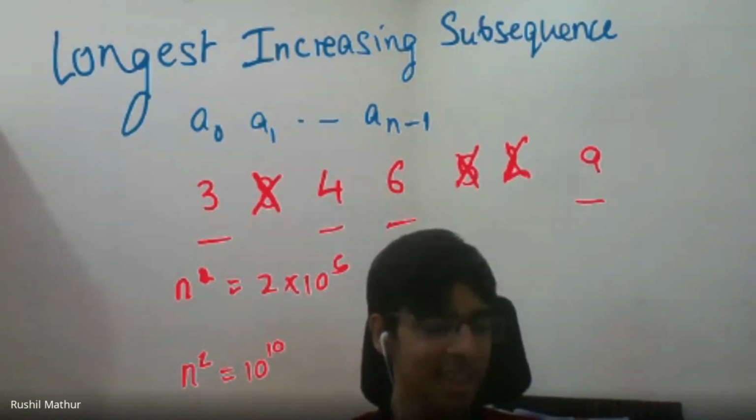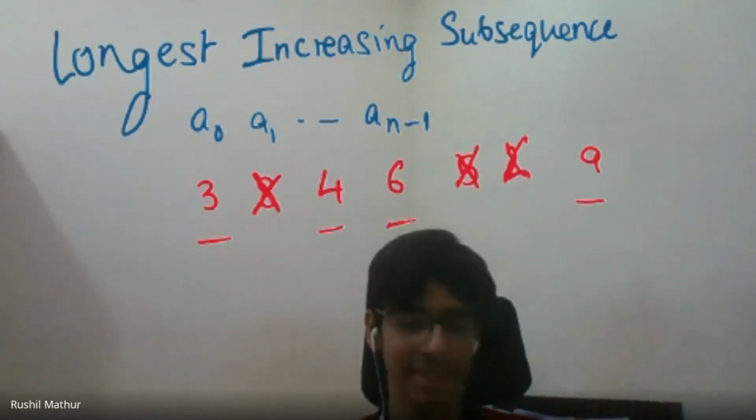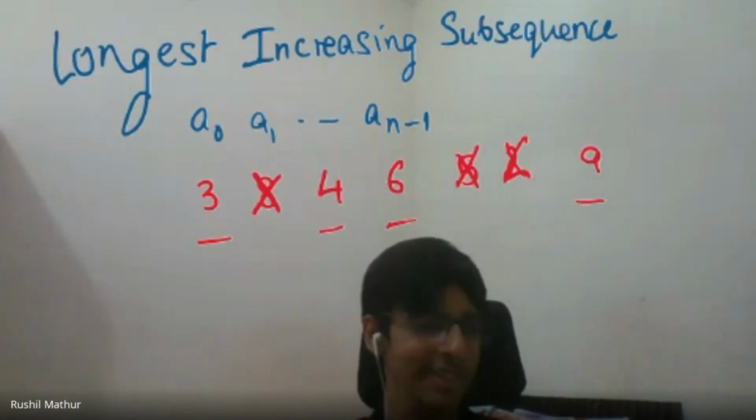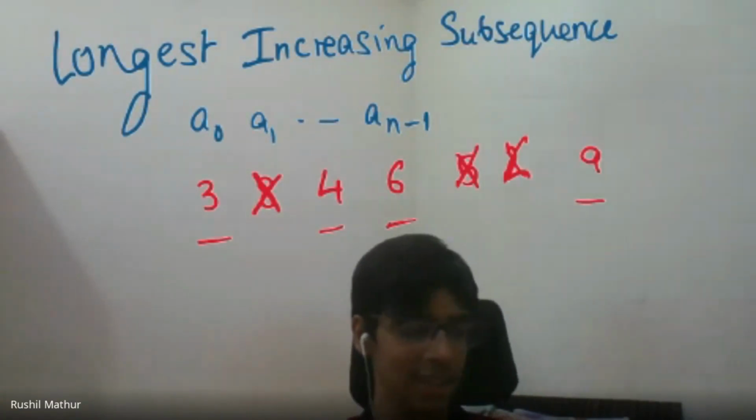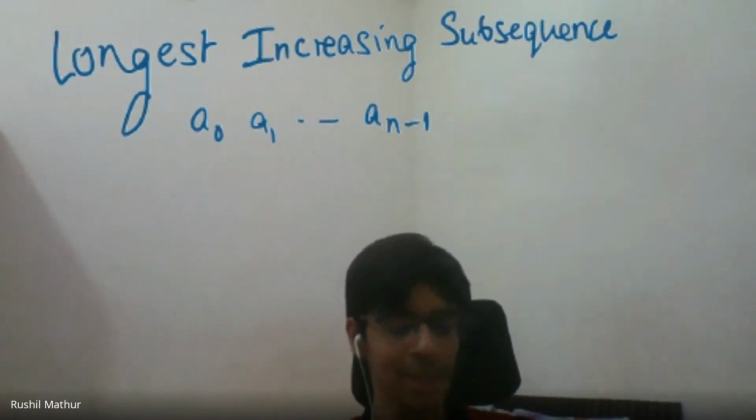But you basically want a better algorithm. You can always want a better one, even if your brute force is fairly convenient. So yeah, now can anyone first of all tell me what seems to be a good subproblem to pick here?